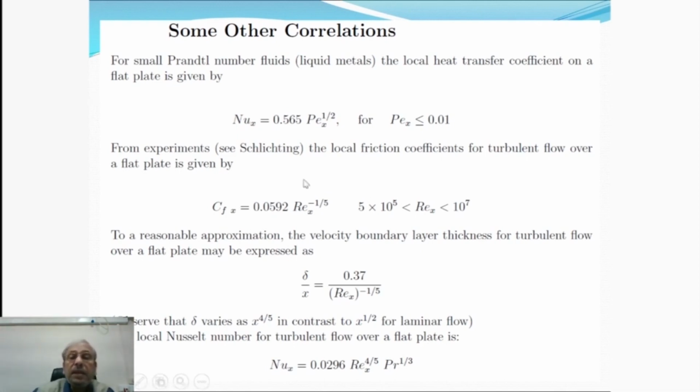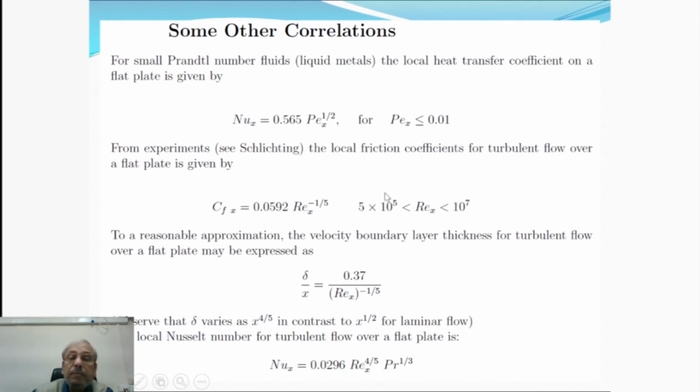From experiments, the local skin friction coefficient for turbulent flow over a flat plate is given by Cfx = 0.0592 Rex^(-1/5). This is the range of Reynolds number.